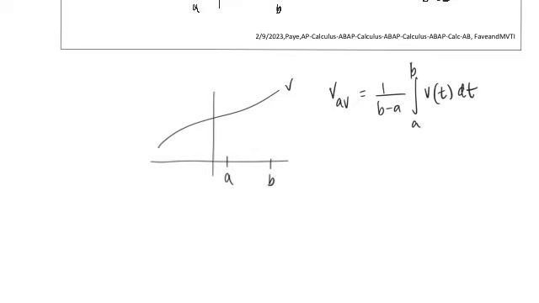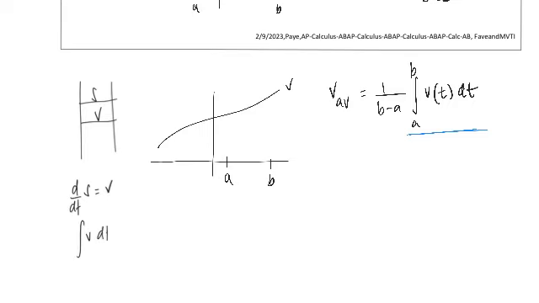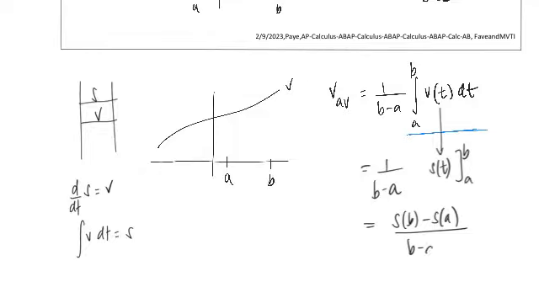Now, when you think about taking this integral, we know that the derivative of position is velocity, but the integral of velocity is therefore equal to position. So then I have 1 over b minus a, and the antiderivative of velocity is s of t from a to b. And when I put the b and the a in, I'll just end up with s of b minus s of a over b minus a.